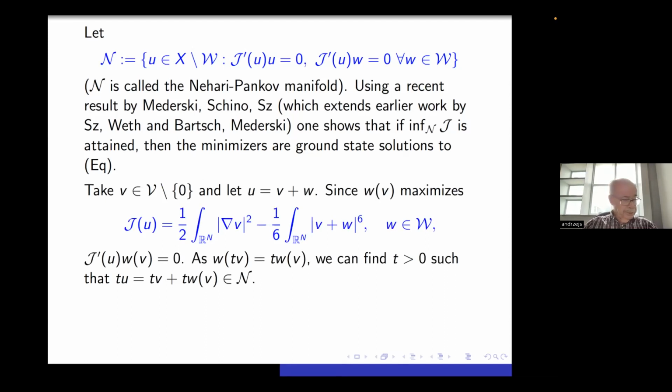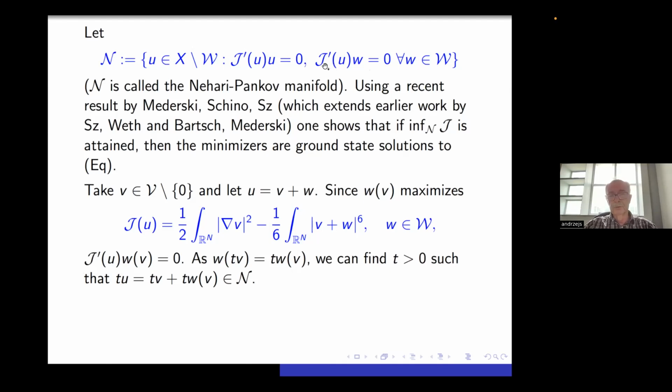And here I think that I will have to skip some parts of the talk. Let me just briefly say that we have J of U equal to this, and W of V is a minimizer, so we have J prime U, W of V equal to 0.